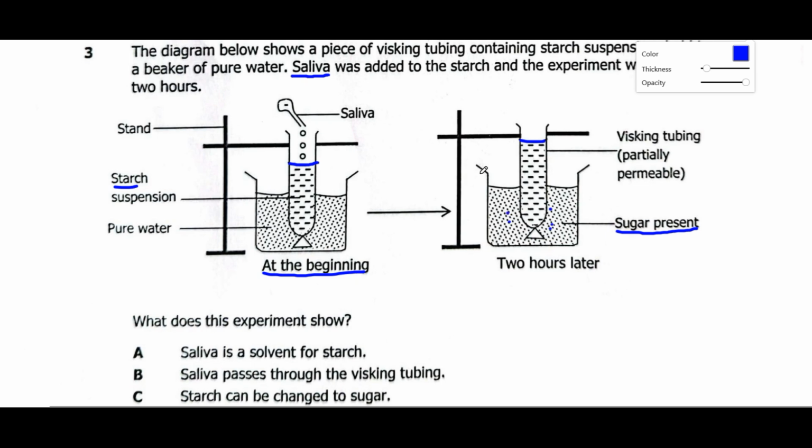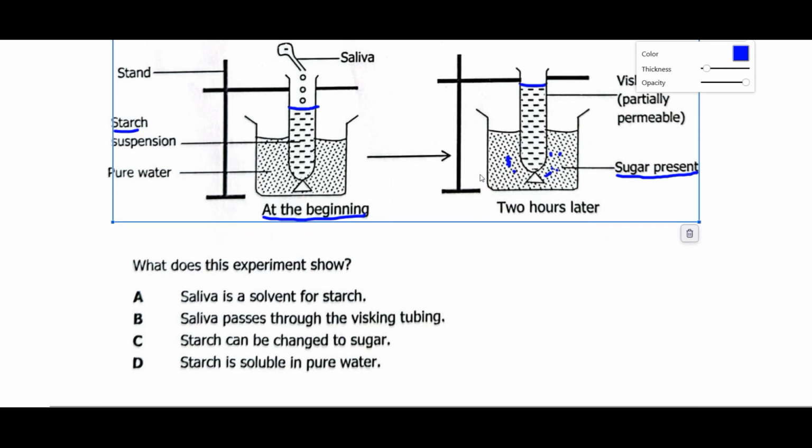So what does this experiment show? What this experiment shows is that the sugar or the glucose dissolved. As it dissolved or broke down, it moved by the process of diffusion, since sugar is in particles, from the whisking into pure water.